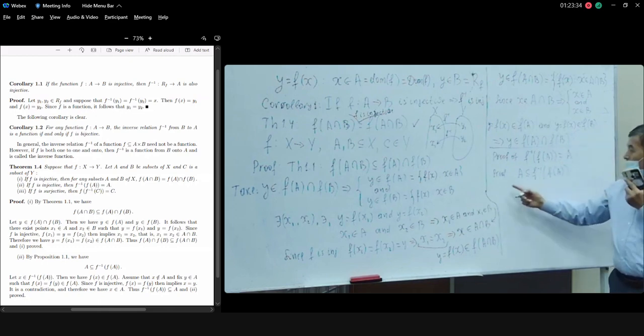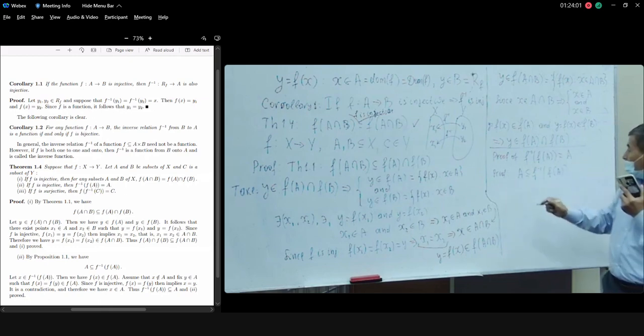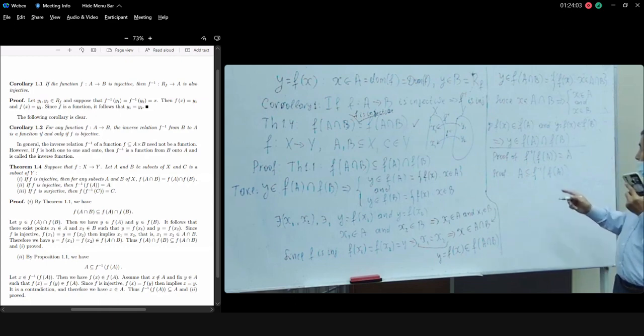Okay, now if it is given, it means if we take any element from the right side, it is an element of the left side. Now we will take any element from here, and we show it is an element of A also. You see, previously we have shown this. Now let me take an element from here.